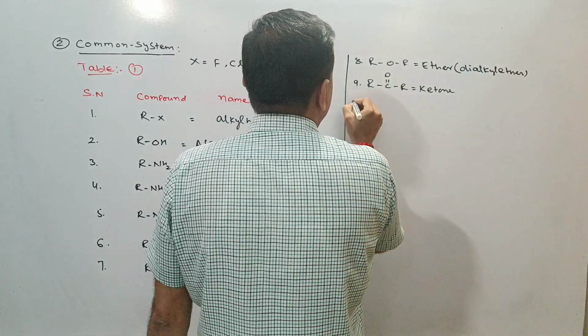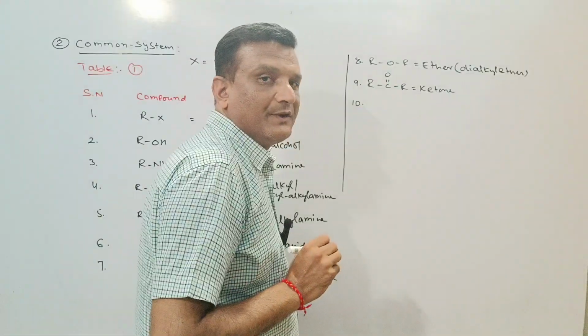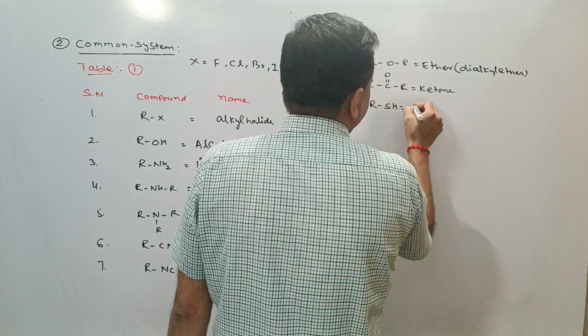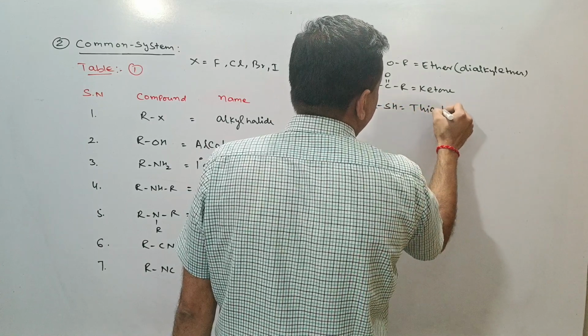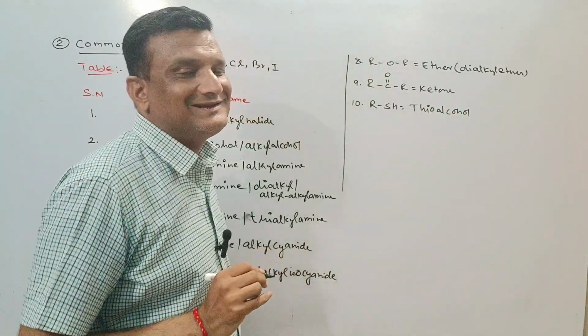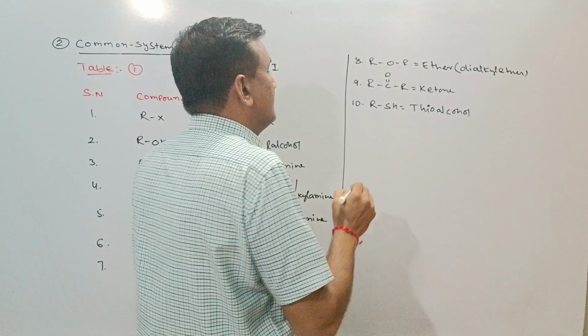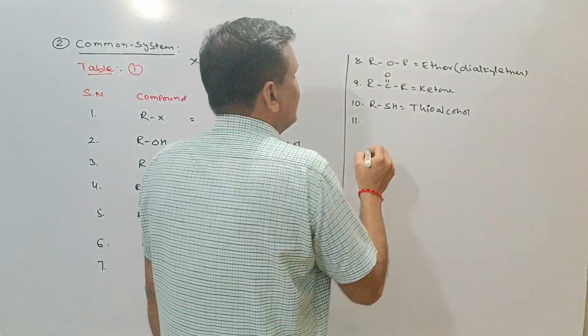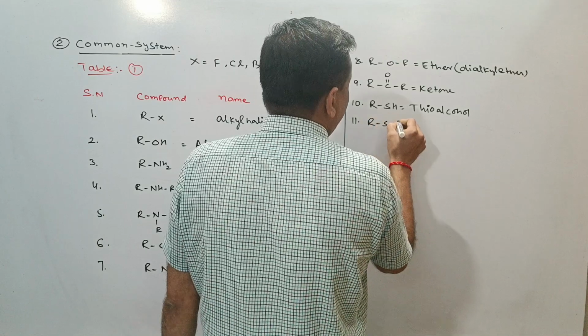Now the 10th function group. What is that? This is RSH. This is called thioalcohol, and it is also called alkyl thioalcohol. Now the 11th function group is RSR.